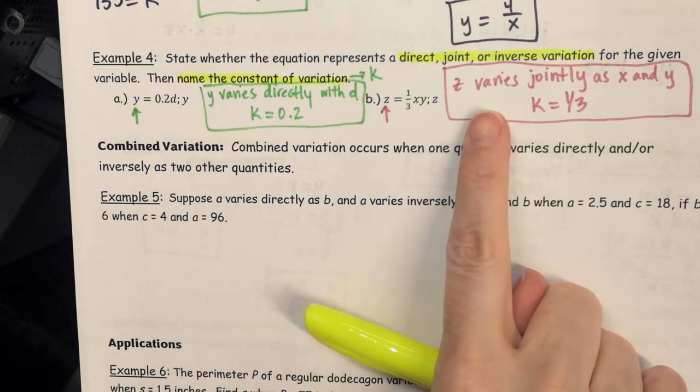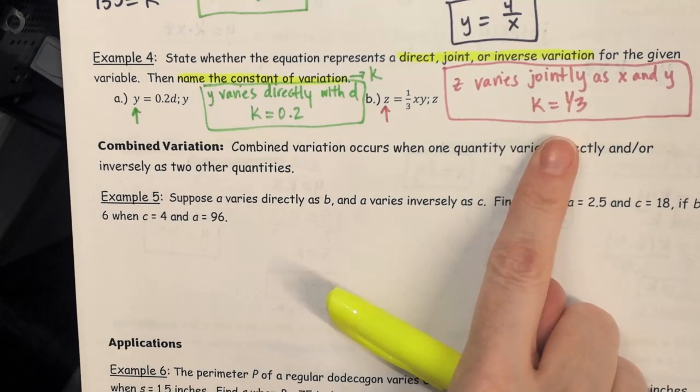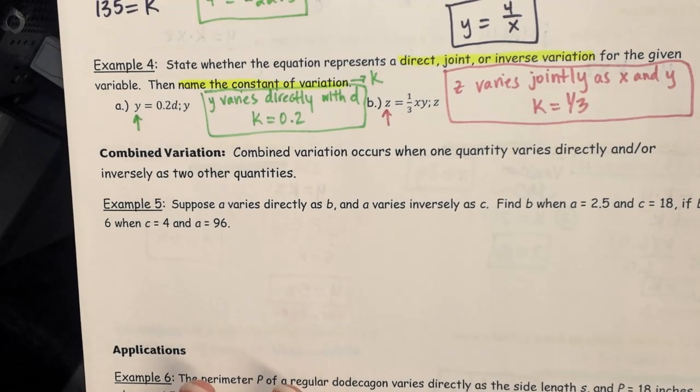Okay, so you were writing the variation statement, and then you were identifying the value of k for those.